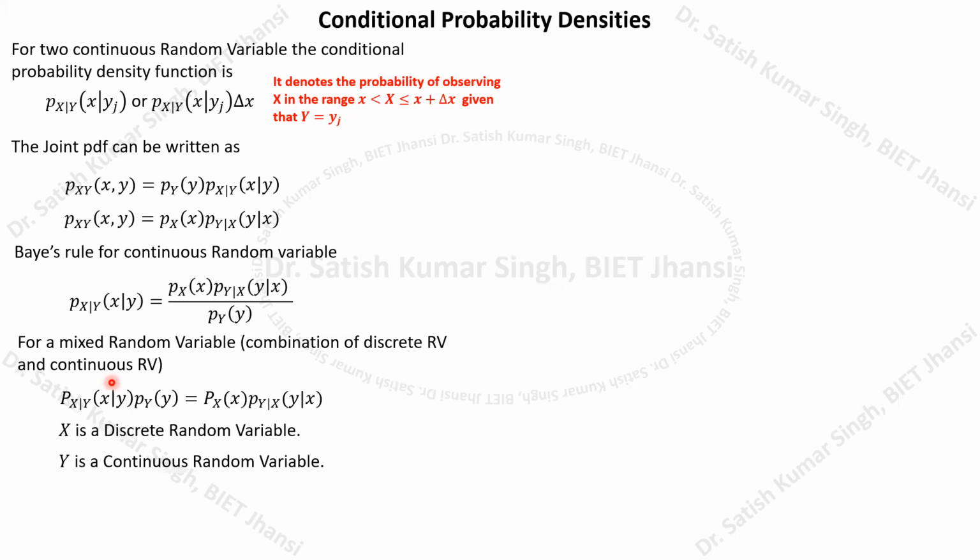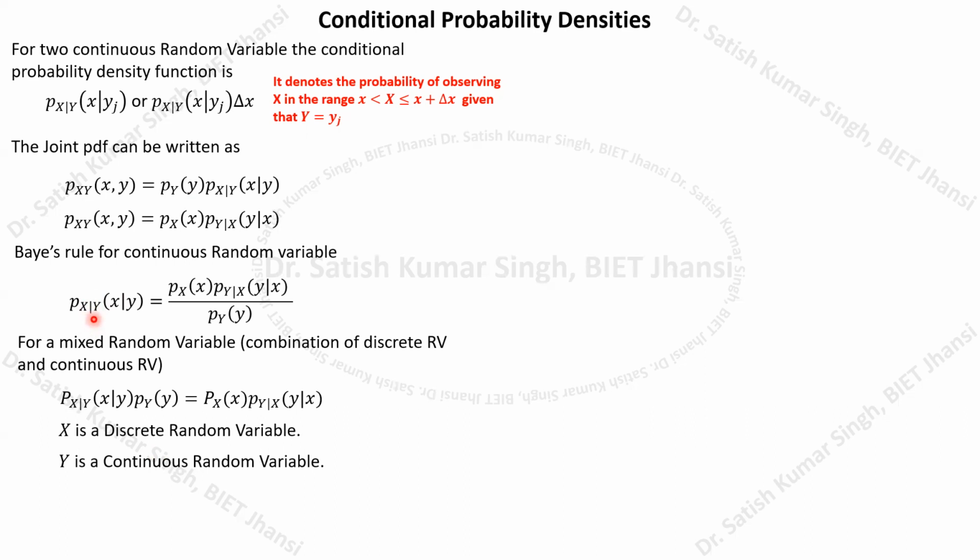So again, we can write the same expressions by following the Bayes rule. Suppose x is a discrete random variable and y is a continuous random variable. If we want to write the Bayes rule, we write this particular expression. Here we are calculating the probability density of getting x for a given y.